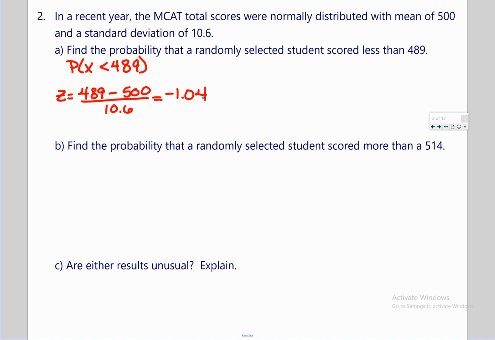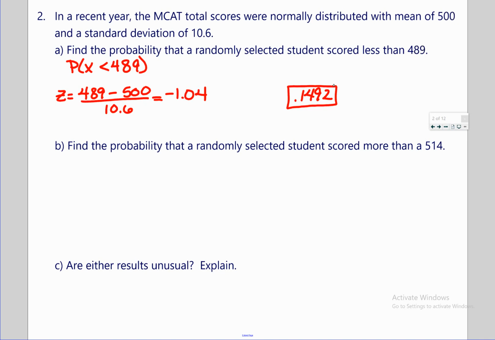Now find the corresponding area on your chart. -1.04 gives you 0.1492. And again, it was less than. If it helps to make the sketch like we did in the previous problem, you can. That's area to the left, so that's our probability. You can leave it as a decimal, that's fine. If you want to write a percentage, 14.92%, that's okay too.